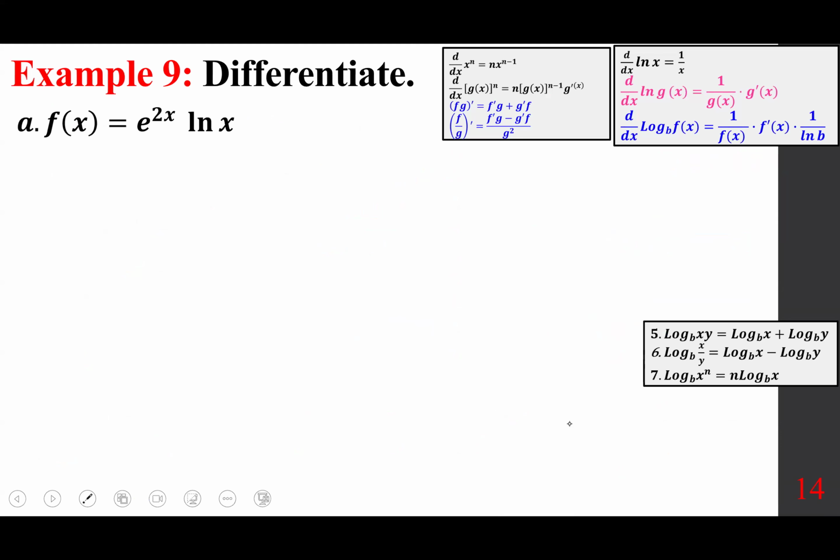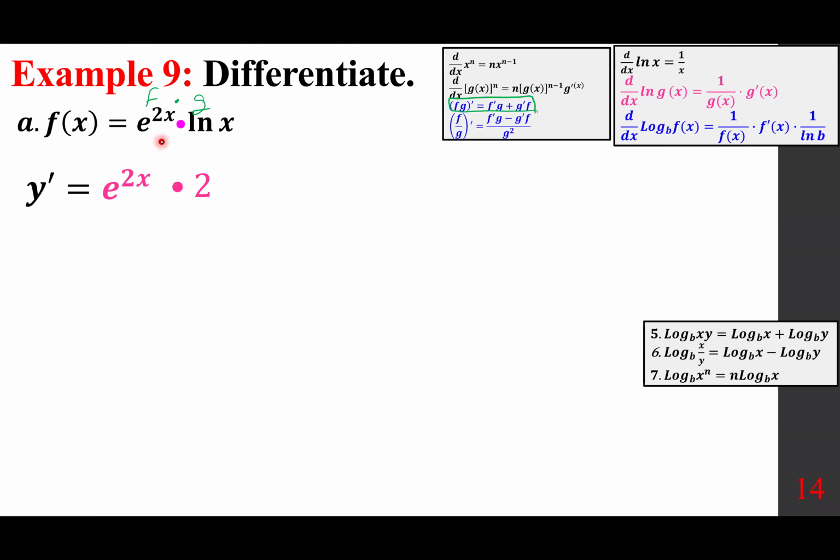e to the power of 2x times ln x, we want to differentiate. So I'm going to put a raised dot and use the product rule on that. f prime g plus g prime f. So what is f prime? e to the power of 2x itself times 2.